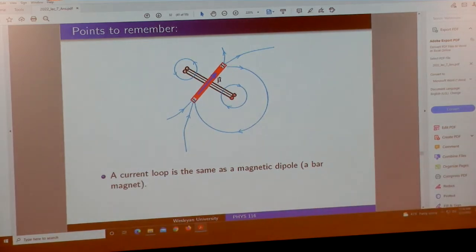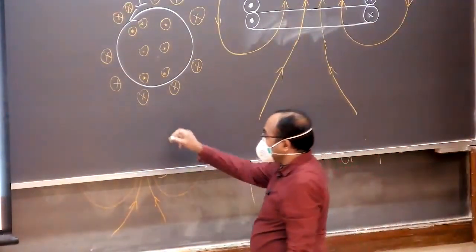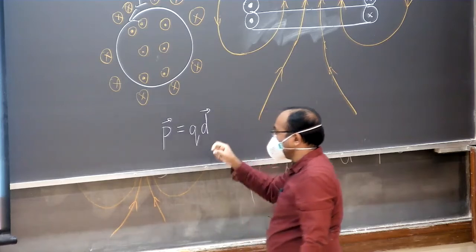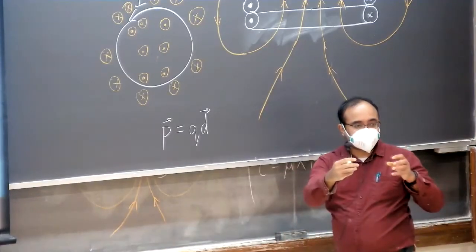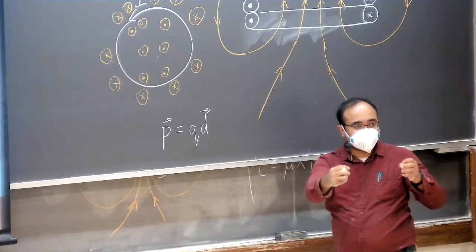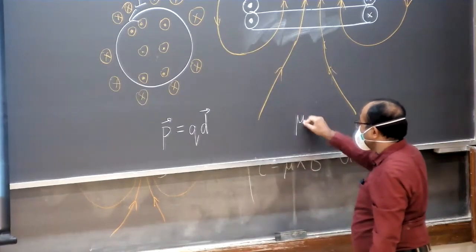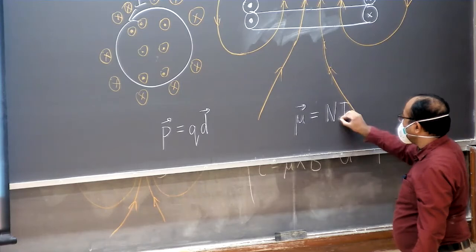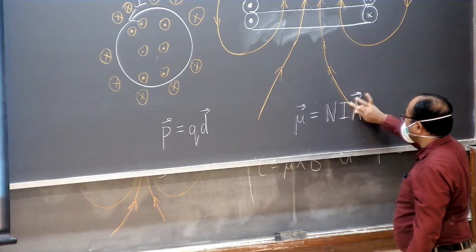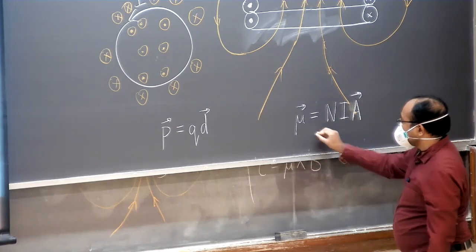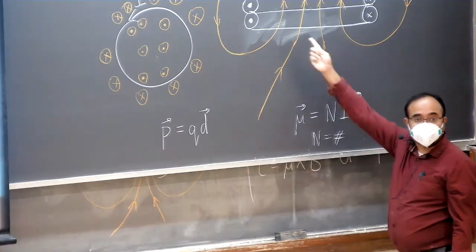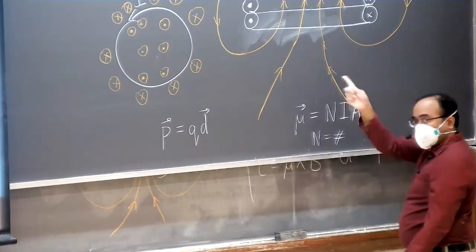You might remember that for the electric dipole, we had P is equal to Q times D, right? It was how much charge, and you had a plus Q and minus Q separated by a distance D. For mu, it's quite interesting. It is N I A. N is the number of turns, so this would be an N of 2, right? 2 turns, 2 loops.